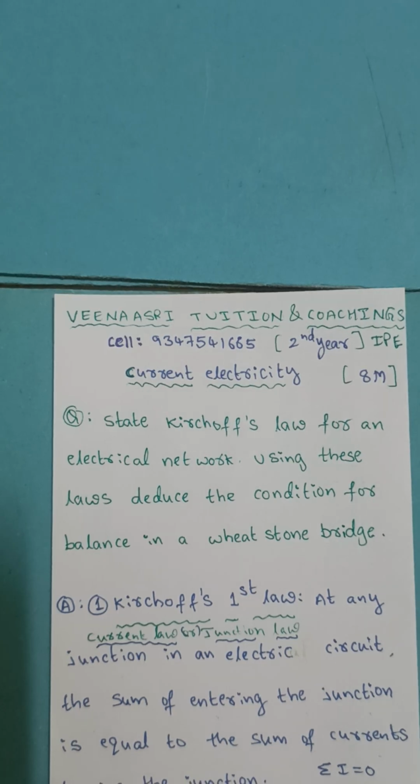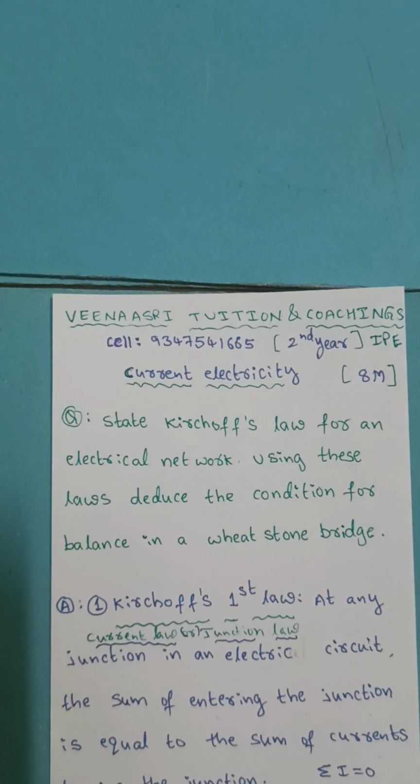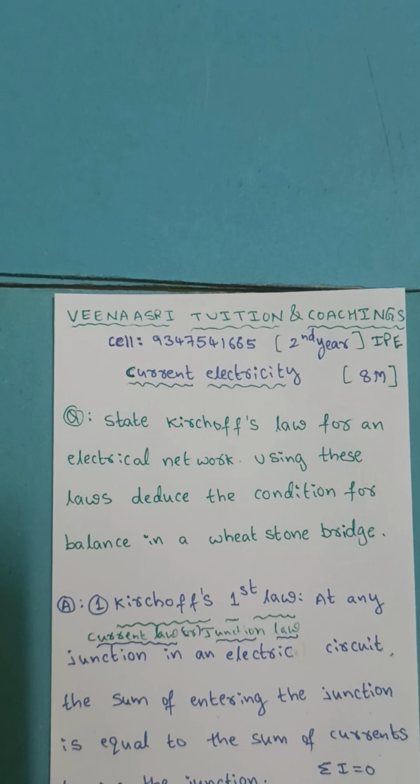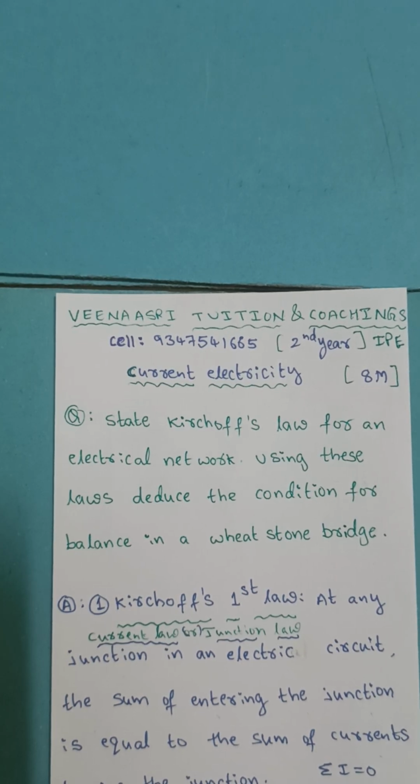Suppose you take a current I1, so it is a junction. Next, I2 current entering into the junction, I3 current also entering into the junction.